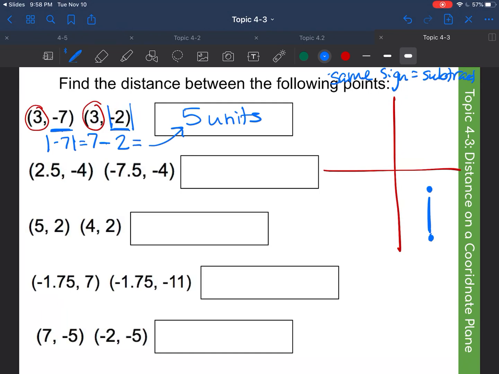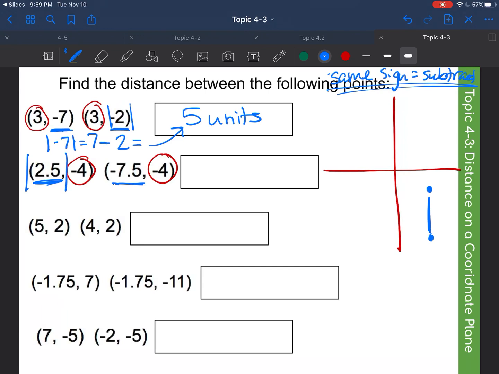All right, the next problem. Circle the numbers that are the same, negative 4, negative 4. So we're going to focus on the 2 other numbers that are not circled, okay? 2.5 and negative 7.5. Do they have the same sign or different signs? They have different signs. So if they have different signs, we're not going to subtract, we're going to add.